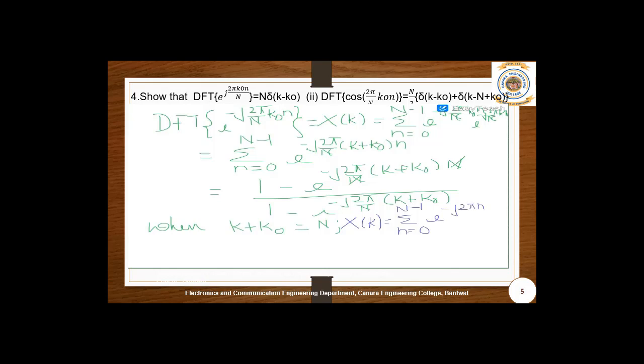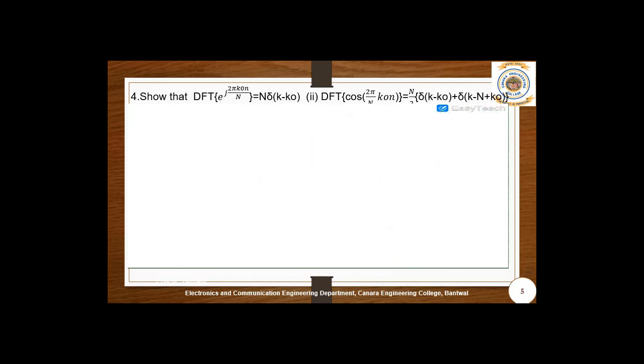This is always equal to 1, so the answer is N. The second condition is when k plus k naught is not equal to N.